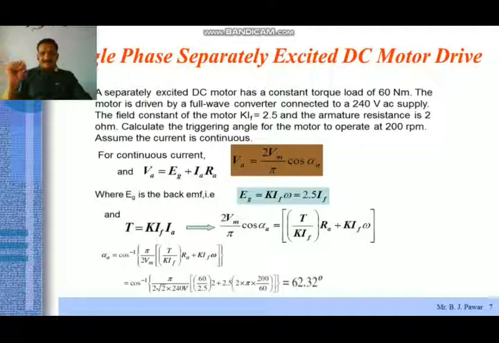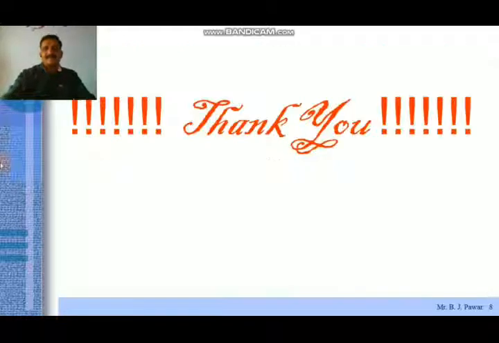When we set the firing angle as 62.32 degrees and this motor is operated by this full wave converter, then we can say the speed of the motor will be 200 rpm. So just by changing this alpha, we can change the speed of the motor. This is nothing but the motor driver circuitry for this separately excited DC motor. Thank you.